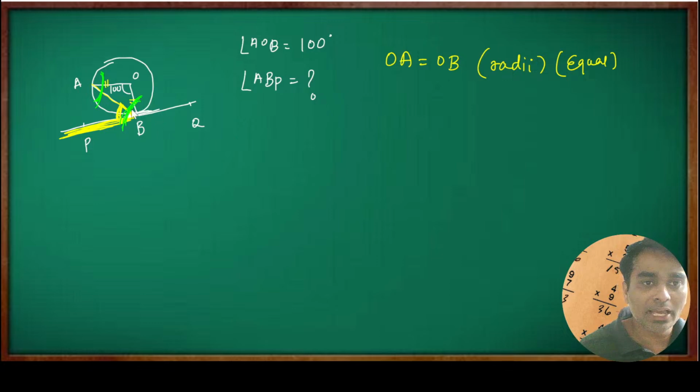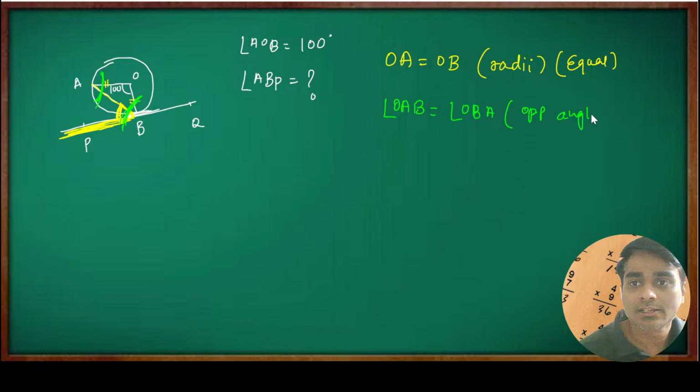Where I have marked using a green color, those two are x. So which are those two angles? OAB is equal to OBA. Why am I writing these are equal? Because these are the opposite angles of equal sides.